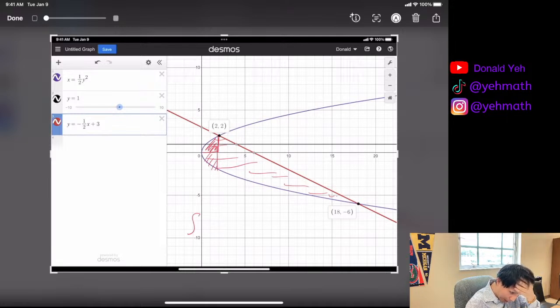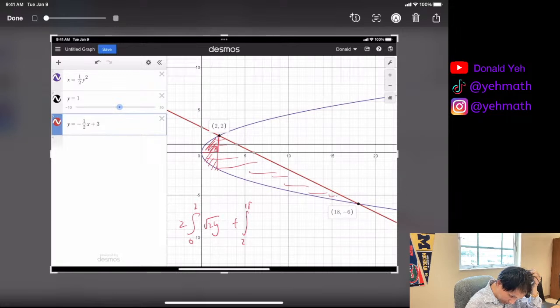And then you're gonna do the area between the curve for 0 to 2 of square root of 2x, plus between 2 to 18.